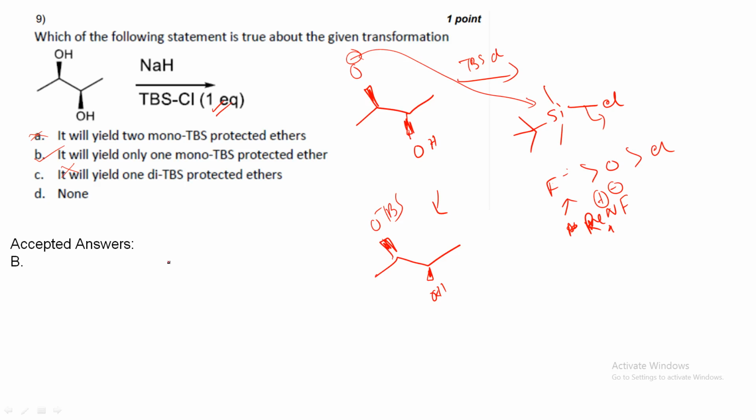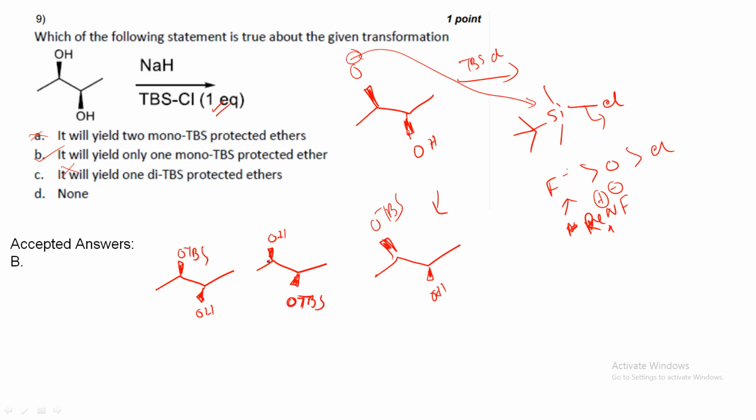Because of one thing. So this is one of the molecules, and let's say in another case this oxygen is getting attacked. Then the product would be like this one.